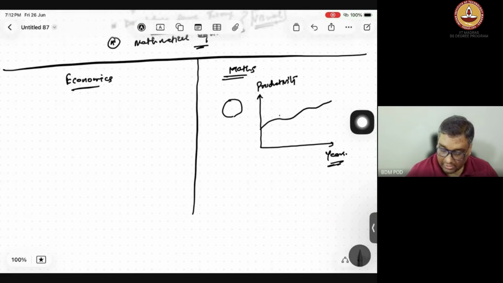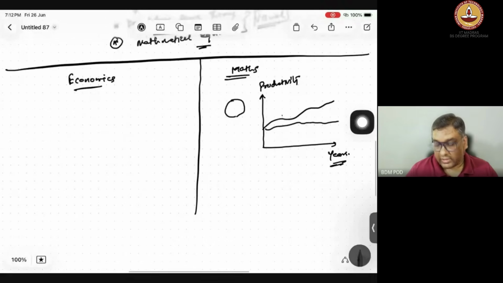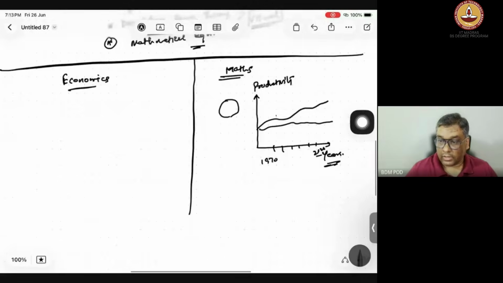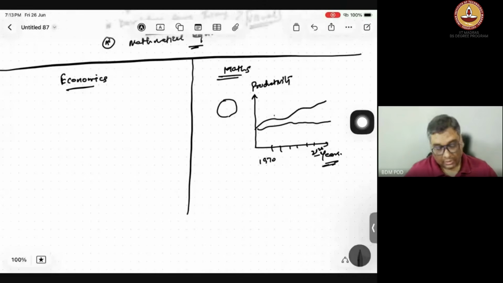Productivity is either increasing or decreasing or constant. Anything will come from here, right? You can visualize properly how it is going to change with respect to years. Suppose this is 1970, this is 2026.